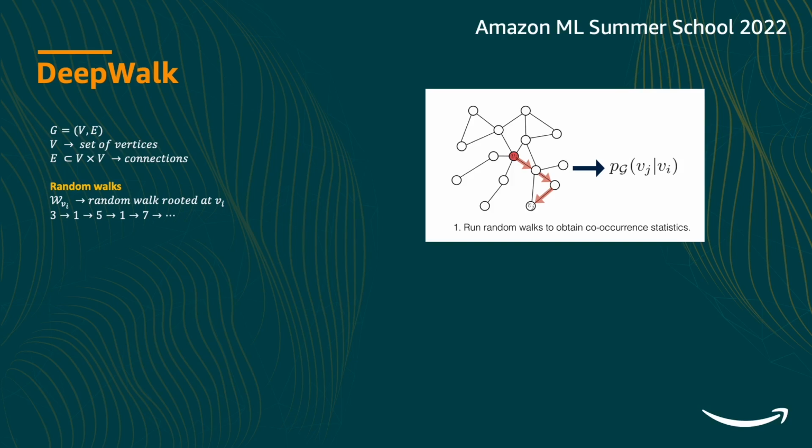This looks quite similar to what we have seen in text. If we can, in some way, turn this graph into a sequence, then we'll be able to borrow ideas from the NLP domain. Random walk is one such idea to do that.